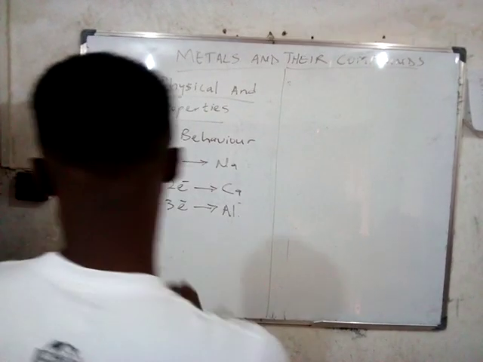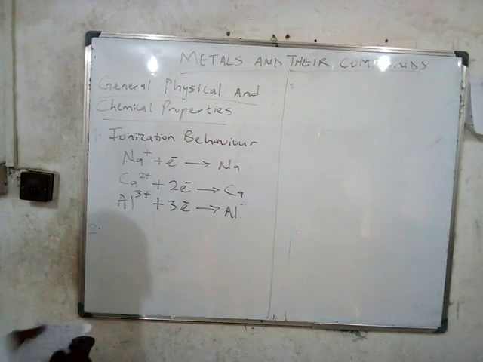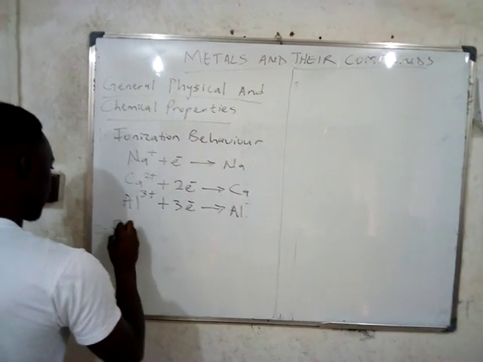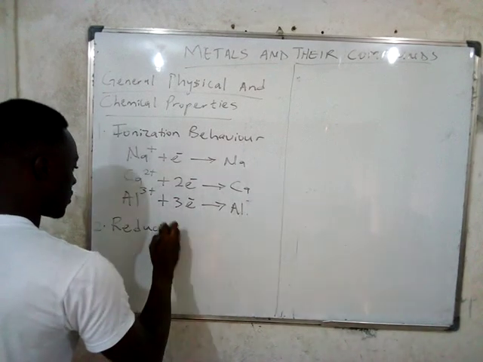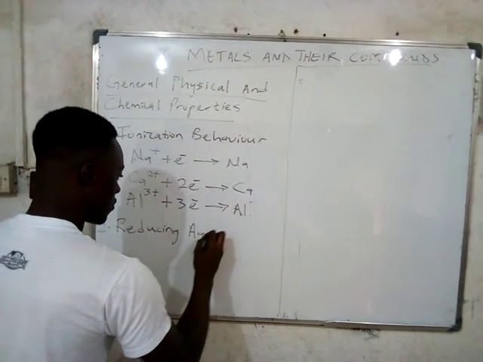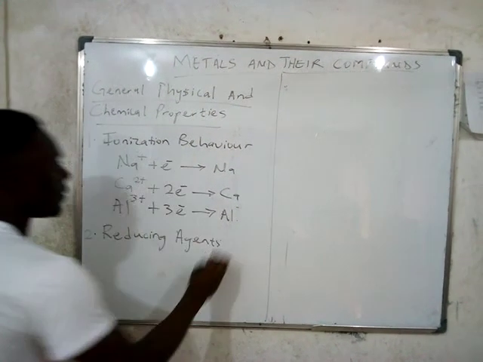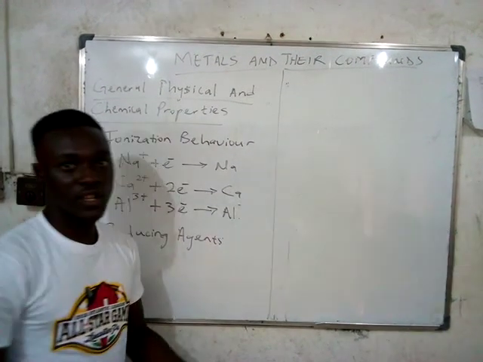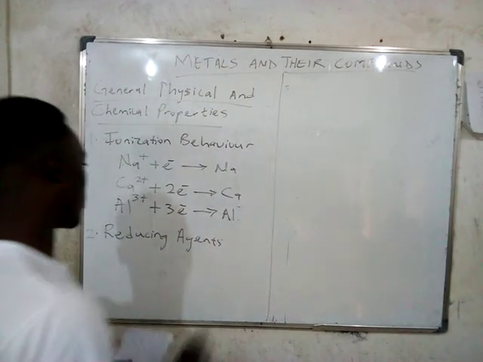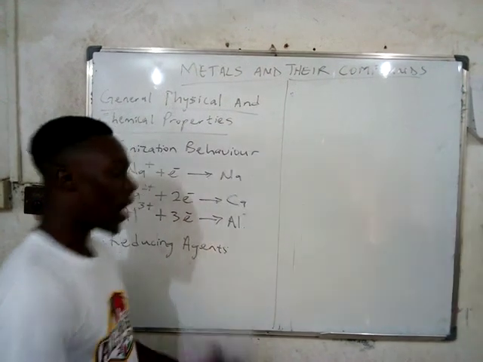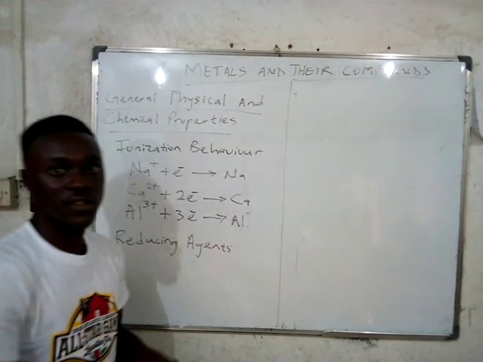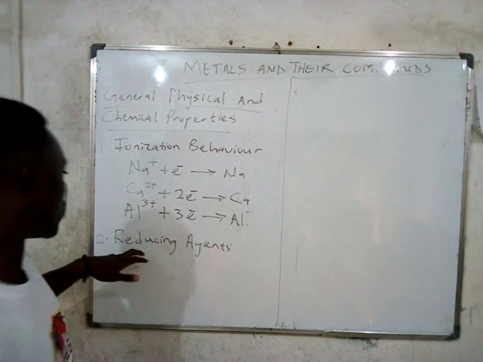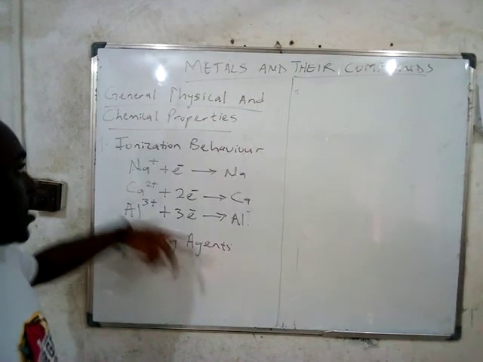Now the next chemical property we'll be looking at is metals as reducing agents. One of the definitions of oxidation and reduction is based on the loss and gain of electrons. Oxidation reduction reactions can be defined in terms of the loss of electrons and the gain of electrons.